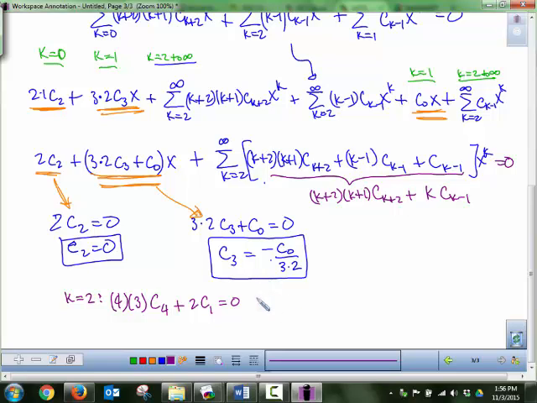What does that give me? That should give me c sub 4 is equal to negative 2 c sub 1 divided by 4 times 3. Okay?